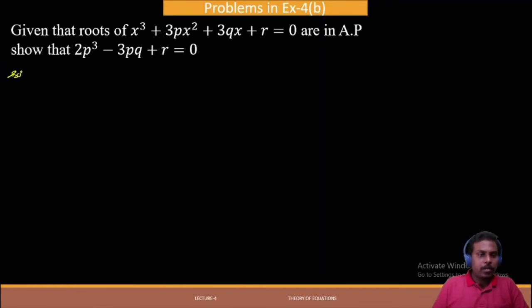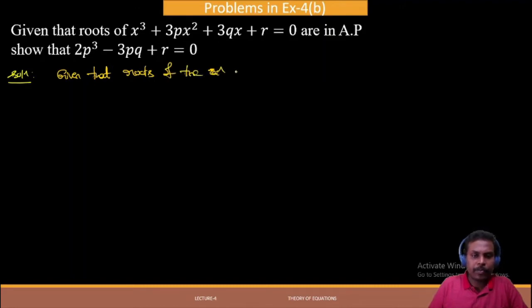Solution. We have seen previously, if the roots of the cubic equation are in arithmetic progression, how to take the roots. Given that roots of the equation x cube plus 3p into x square plus 3q into x plus r is equal to 0 are in arithmetic progression.